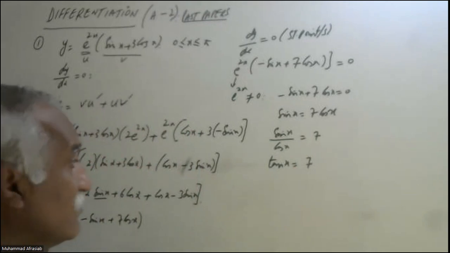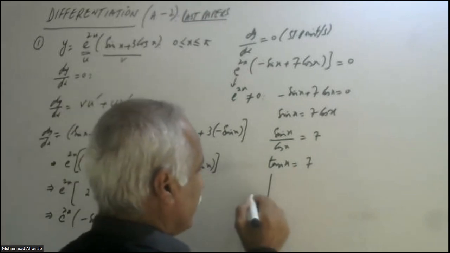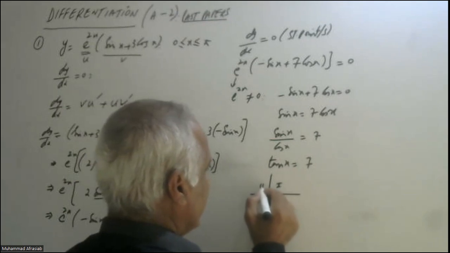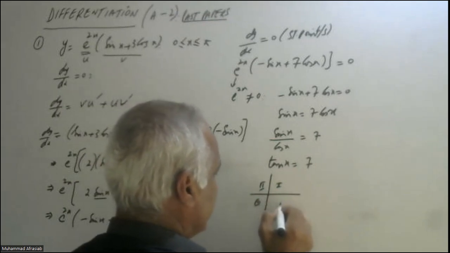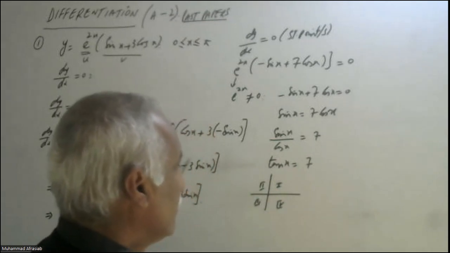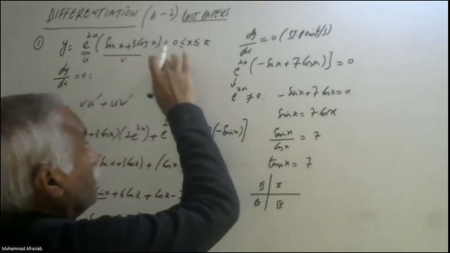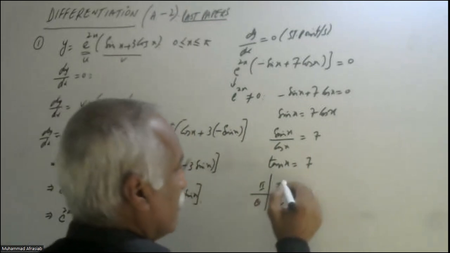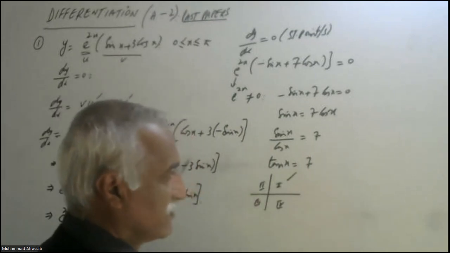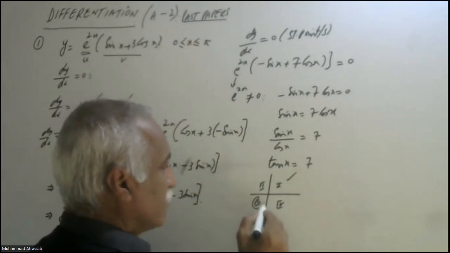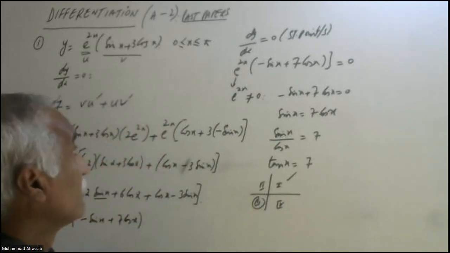We know one thing, that tangent is positive in the first and the third quadrant, but our range is given equal to 0 to pi. So only the first value will be accepted, because the third quadrant is out of the range of this interval.